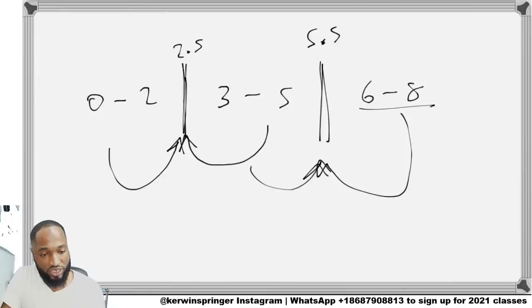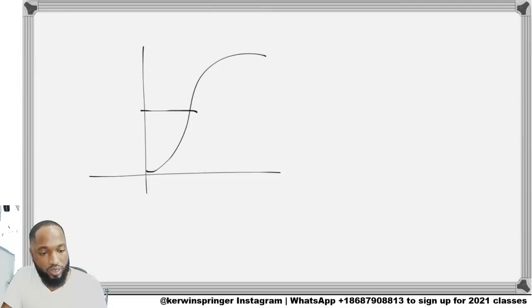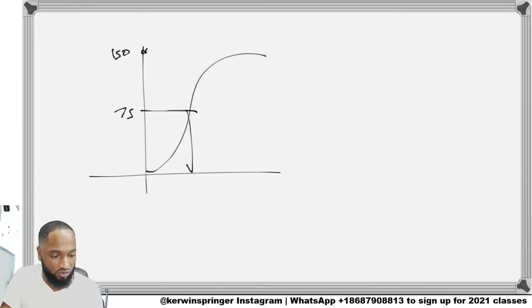Alright, Mr. Trinidadian. Next, cumulative frequency to draw, which I am not going to draw. If they ask you to find the median in a cumulative frequency, always start from the total. If this was 200, the median will be on the 100 mark. I think there's one in CSEC that comes like 150, so the median will be on the 75 mark, and then you just read off that.